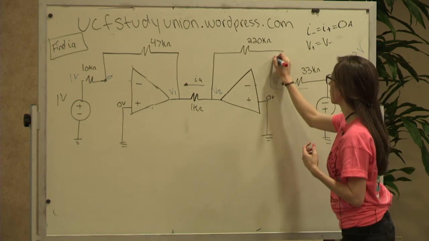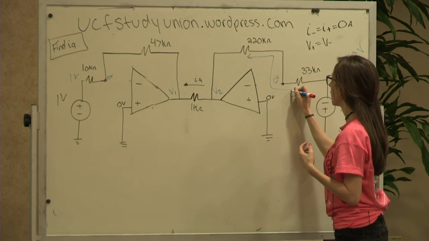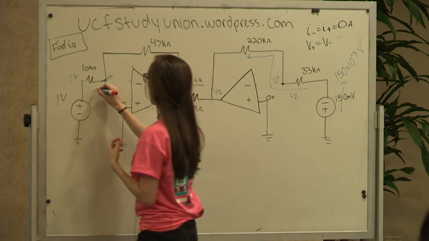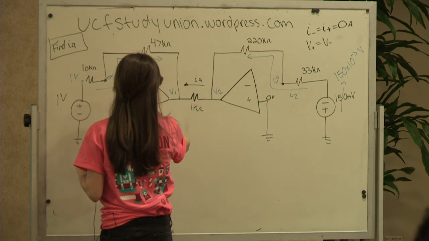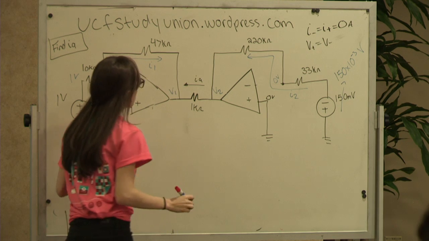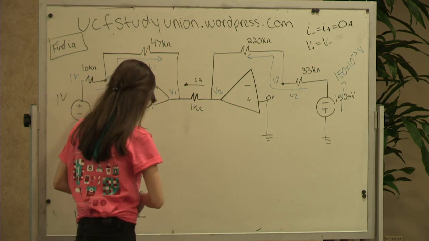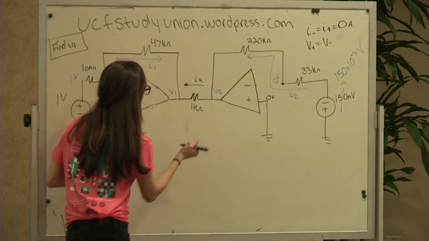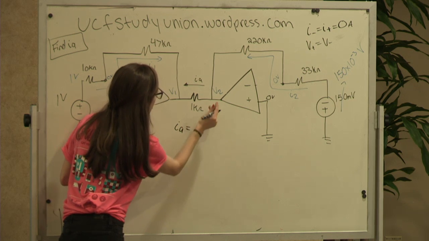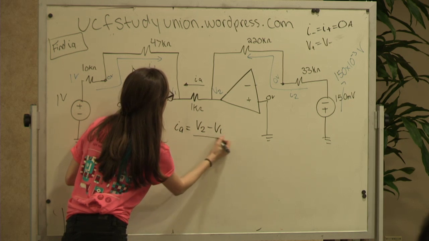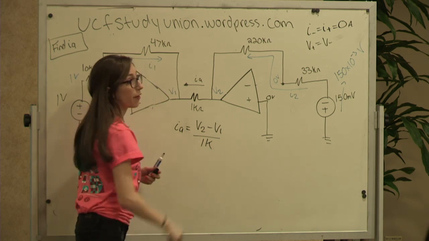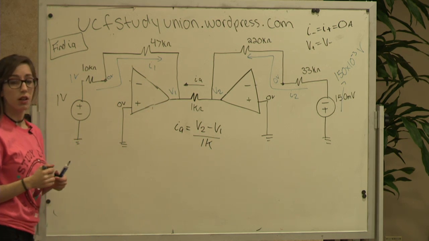So this is all one current, and I'll call that I2. And this is all one current, that's I1. To find IA, it's going to be voltage 2 minus voltage 1 over 1K. So we need to figure out V2 and V1, and we'll find IA.